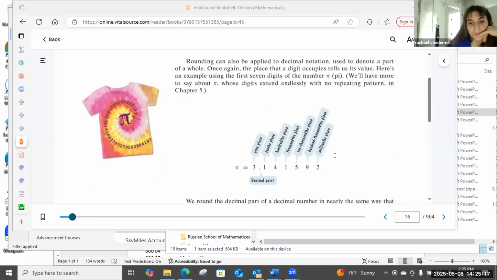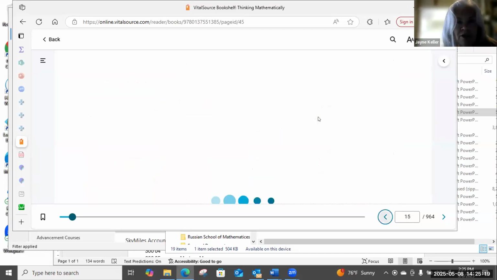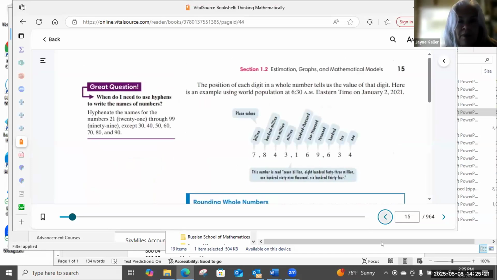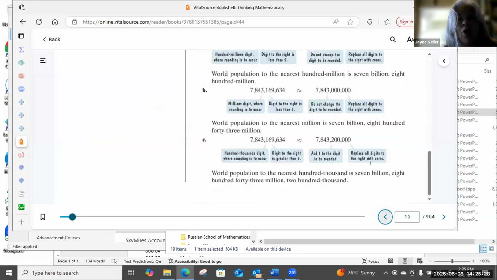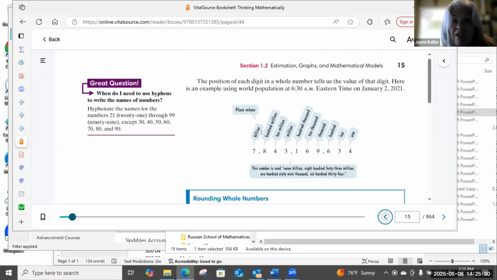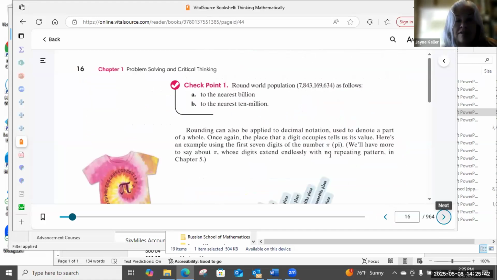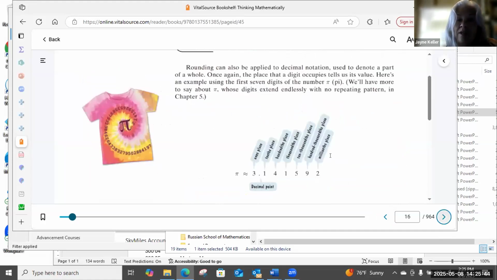Let me go back one more page. I thought they had the whole, but that's okay. This page shows us the whole numbers: 1, 10, 100, and so forth. The next page shows us the fractional parts: ones, tenths, hundredths.